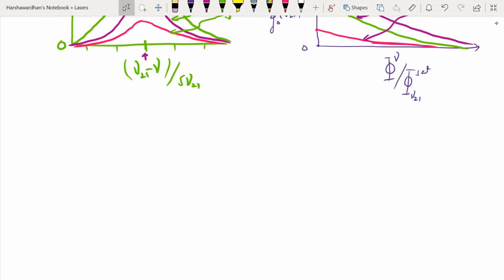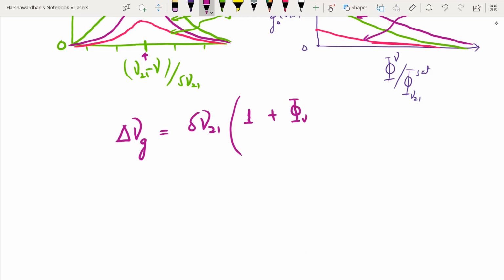This is indeed true for a homogeneously broadened laser transition, which has this Lorentzian line shape. So my delta nu gain, the width of the Lorentzian, is basically delta nu to 1, which is determined by the scattering coefficient or absorption coefficient, but it has this photon flux dependence or intensity dependence, if you like.